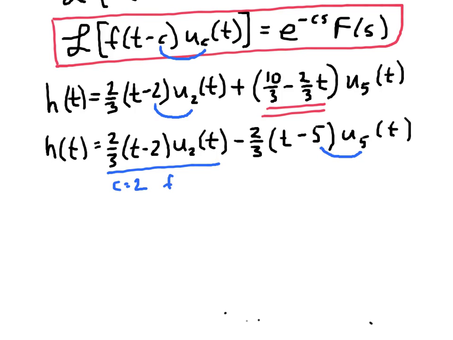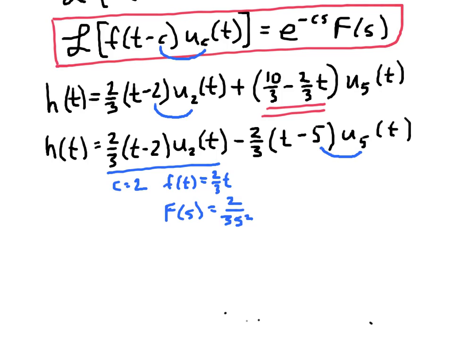Well, f of t could be thought of as 2/3 t. And so F of s, capital F of s, remember the transform of t is 1 over s squared, so that'll just be 2 over 3s squared. So that takes care of that part. We know our c and we know our F of s.